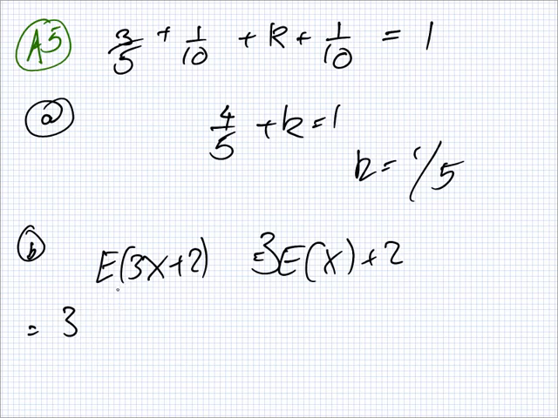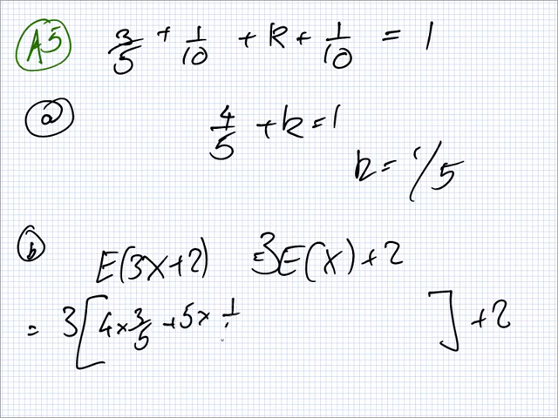Sorry, I should get the expected value first. Well, I'll put in big brackets. So that would be, let me see, 4 times 3/5 plus 5 times 1/10 plus 6 times 1/5 plus 7 times 1/10.